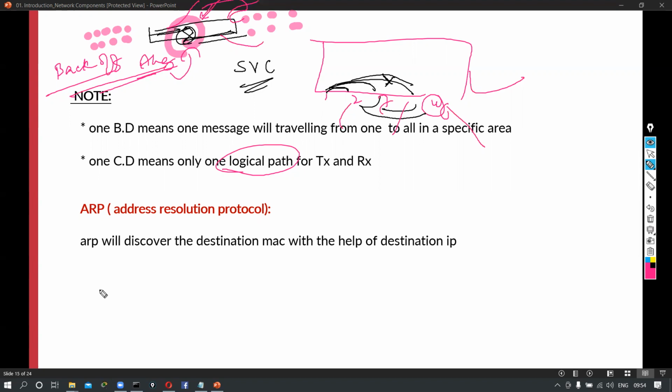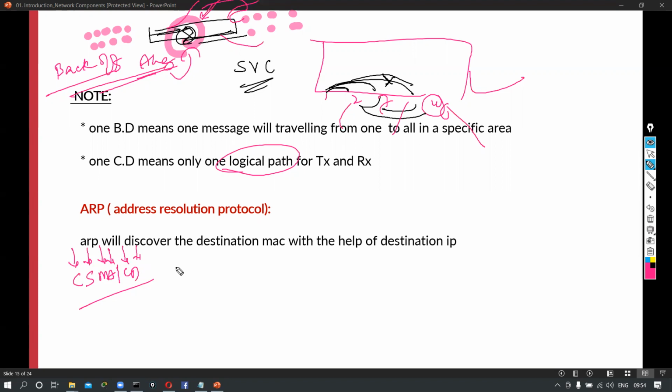Now we have one mechanism, CSMA/CD: Carrier Sense Multiple Access with Collision Detection, to overcome these collisions.